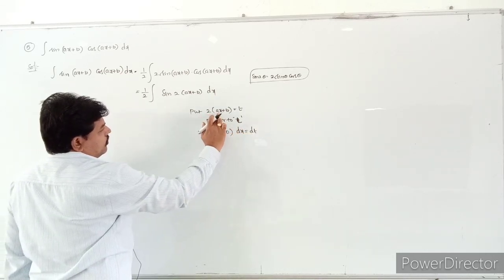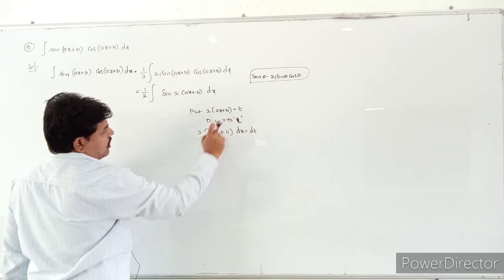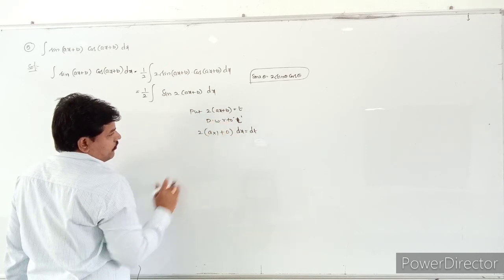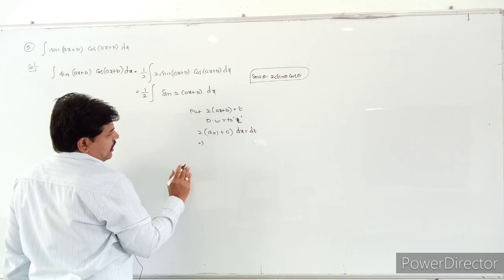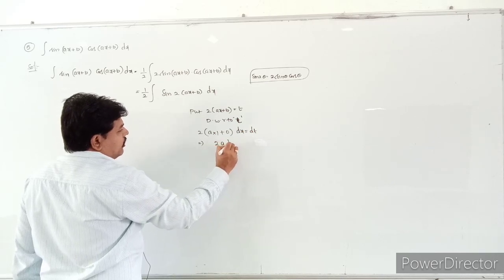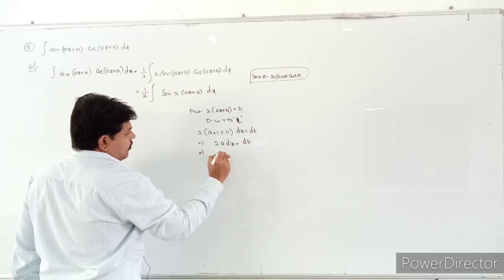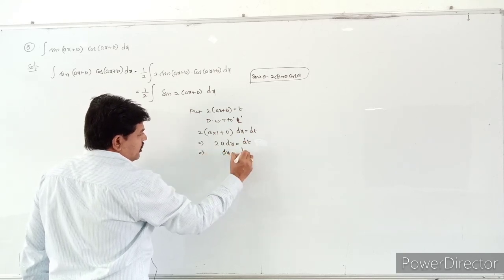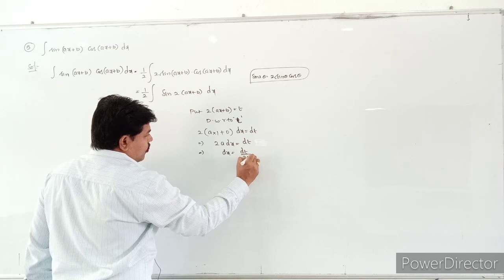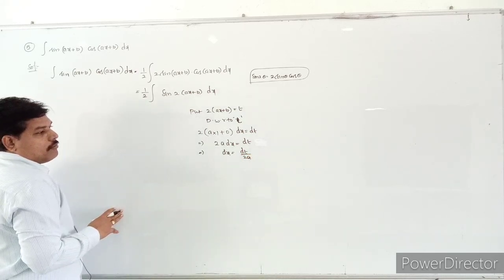So 2a into dx becomes dt. So dx is equal to dt by 2a.